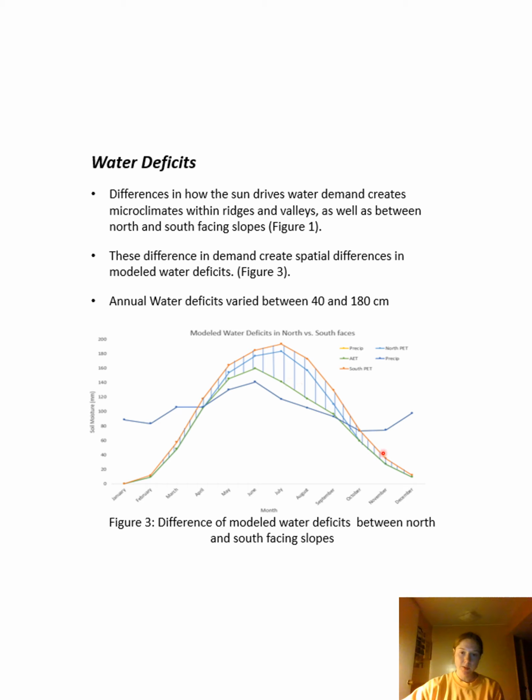And the difference between the north and south facing slope is right here, the smaller shaded area, the orange being the south facing slope and the lighter blue being the north facing slope. And so this is just another explanation of how the sun drives different water demands between different microclimates and slopes.